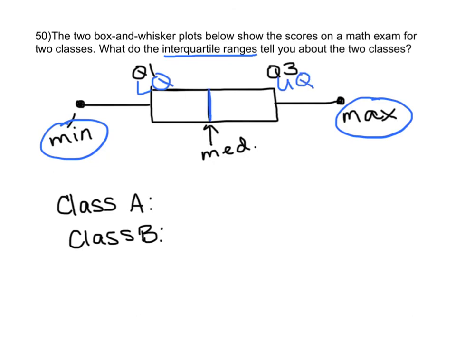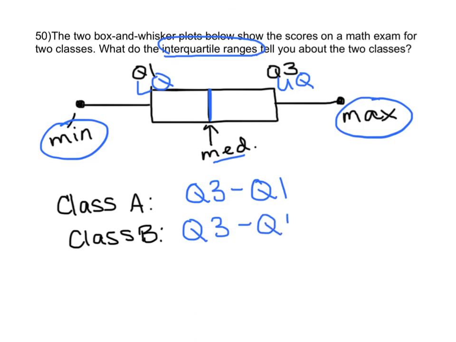Where it sits on the number line here is your median, or when your numbers are all lined up, the very middle number. When you ask about interquartile ranges, that means you're going to take your quartile 3 minus your quartile 1. So you'll need to do that for both Class A and Class B.